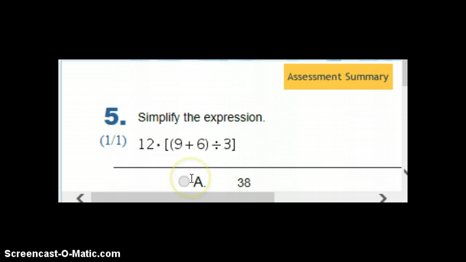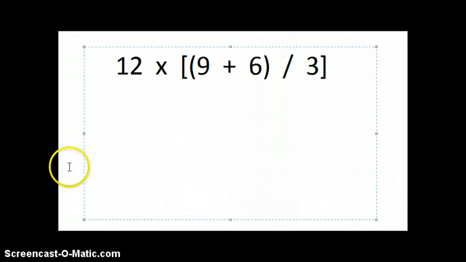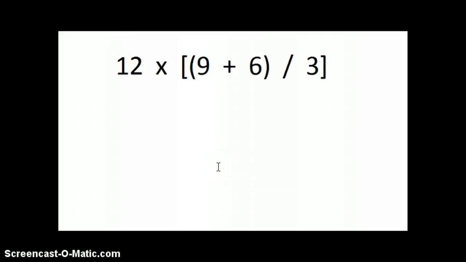Let's do this really quickly because I'm running out of time. Okay, so now I can show you guys what I finally meant by these little bracket things. Alright, so let's start off. I'm going to use purple this time. Let's start off with what you're supposed to do first here, and that is what's in the parentheses. Even though you see these little bracket things, you're supposed to do the parentheses first, technically speaking. So, 9 plus 6.